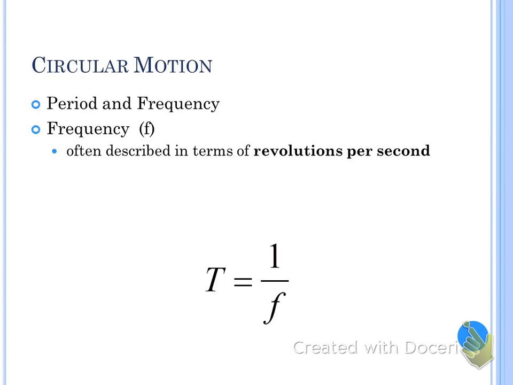So 1 complete revolution means it travels around its circular path 1 complete time. So we describe frequency as revolutions per second.